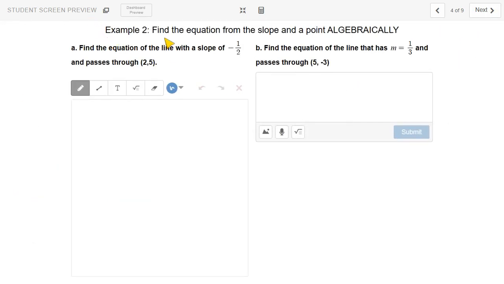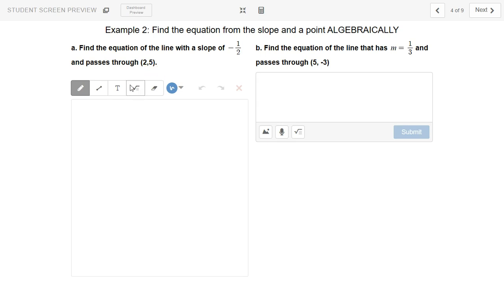Right, so in this example, we're going to solve the equation algebraically. Find the equation of the line with a slope of -1 over 2 that passes through (2, 5). Same question that we had on the previous page, but we're going to see how we can solve the same question algebraically instead.